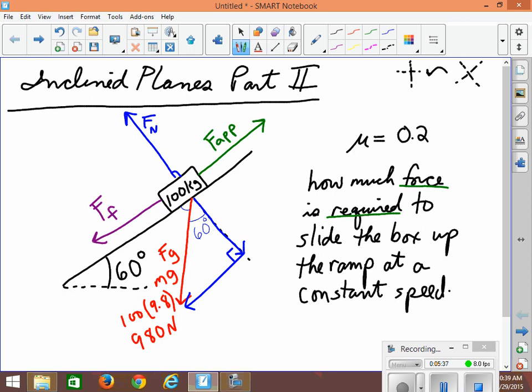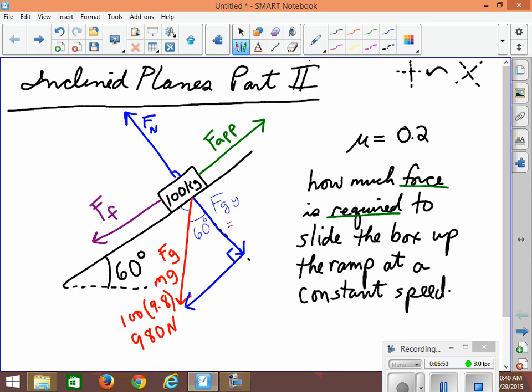That means that this side is called FGX. This will be the X component. Sorry, that's my mistake. It's Y. Let's erase that. FGY, the Y component.